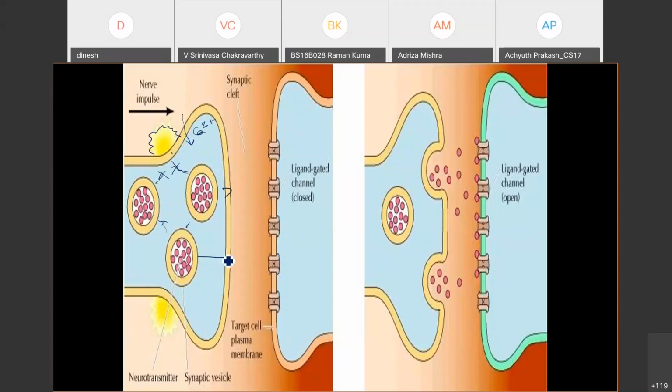Once they go to the synapse, as you can see on the right side, they open up and spill their contents into the synaptic cleft. This gap between the two terminals is the synaptic cleft. All these neurotransmitter molecules now start diffusing across the small gap of the synaptic cleft and go to the other side.